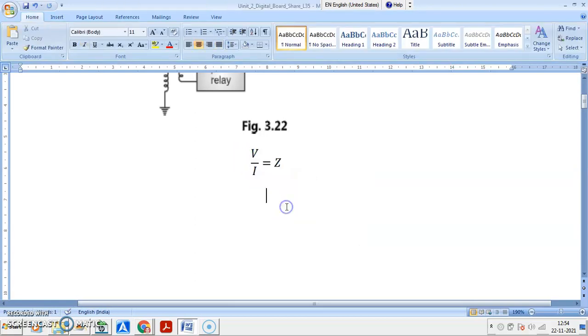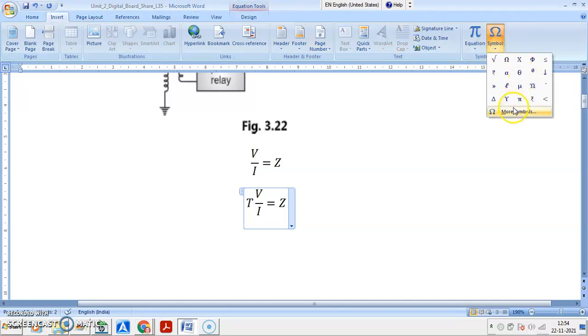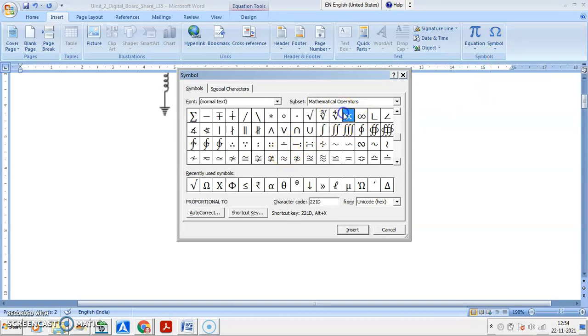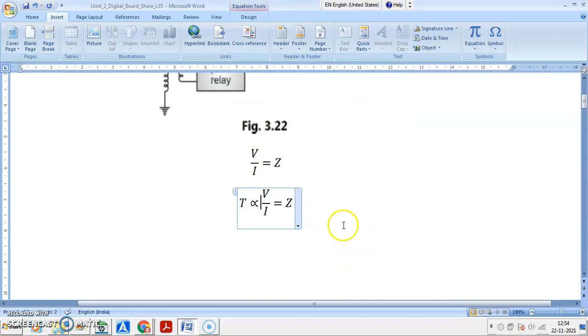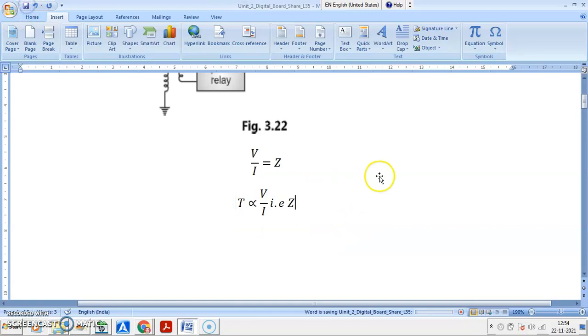And operating torque, we can write the equation, is directly proportional to that is Z. This is the operating principle of impedance relay. Voltage divided by current, that is impedance.